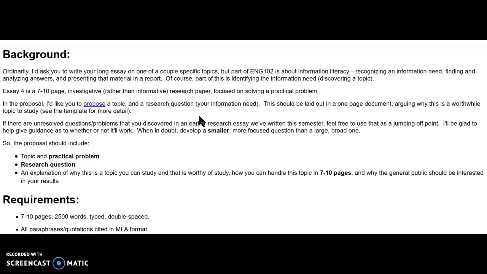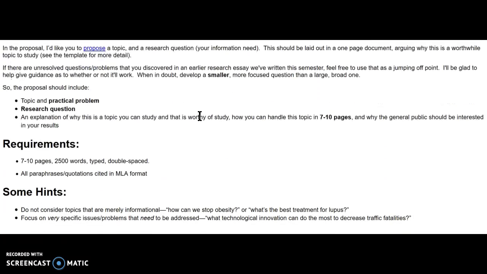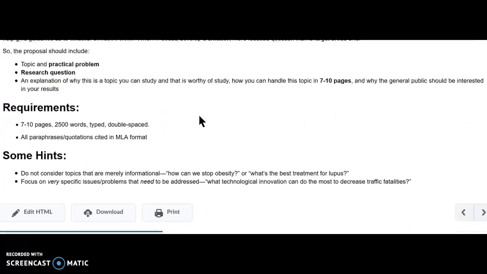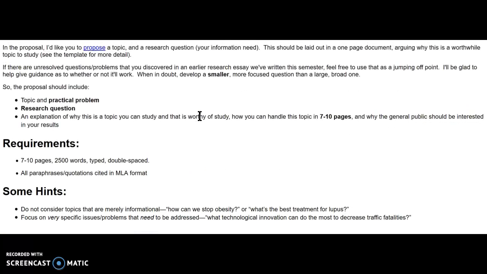It should be laid out in a one-page document. There's the template there, of course. All right? So, some hints I want you to think about here. Avoid topics that are merely informational. How can we stop obesity, or what's the best treatment for lupus? Focus on very specific issues or problems that need to be addressed.